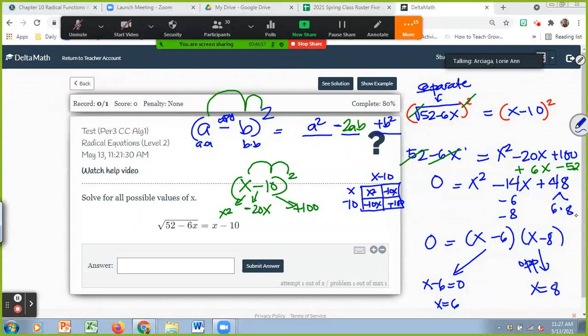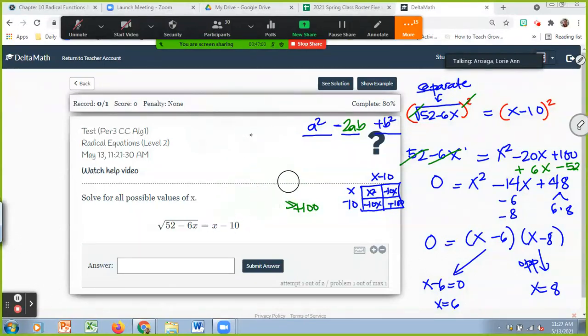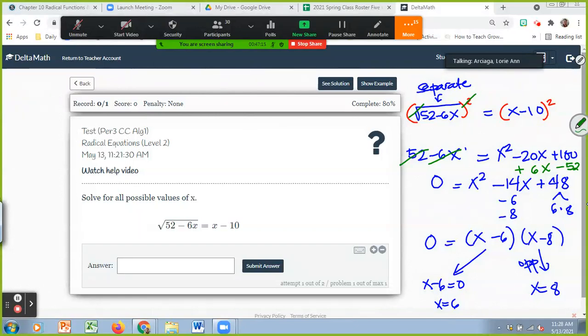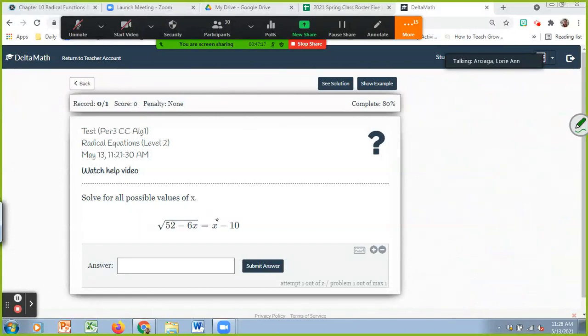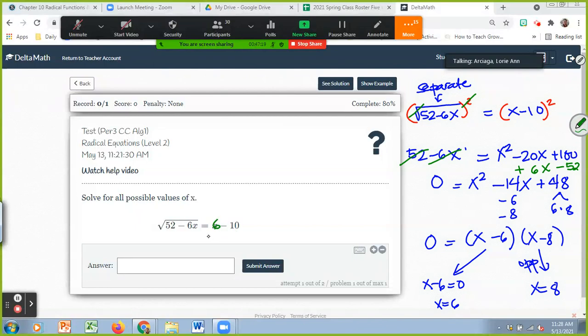Okay, but you know, these kinds of functions are deceiving. I know, they're deceiving. Why? Because they make you solve them, and then when you plug them in, nothing works. Well, what does that mean? Let's try. Look at it. If you make this 6, 6 minus 10 is negative 4, right? Now try this.